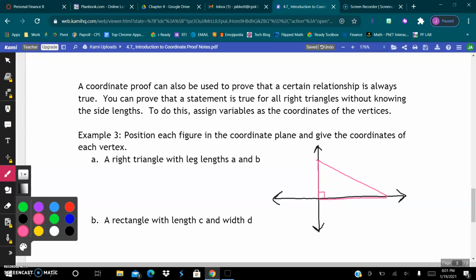Leg length A, so we could say that this is over 0 and up A. And this coordinate over here would be over B and up 0, because we go over B however far that is, and then we don't go up or down anything. And then of course the origin here, this other ordered pair, is 0, 0.